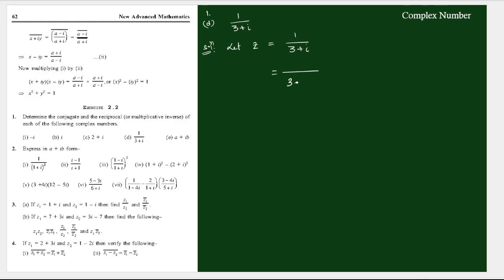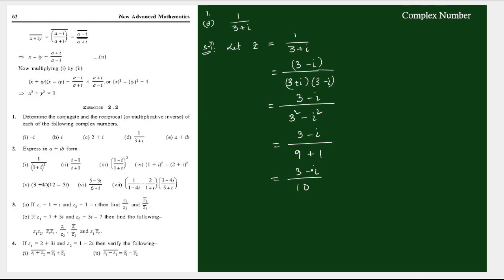So multiply it with the conjugate. Okay. Then this will be 3 square minus i square, 3 minus i. Here it will be 9. Alright, i square is what? Minus 1. Minus into minus is plus. We can skip one step in this way. So 9 plus 1 is 10.